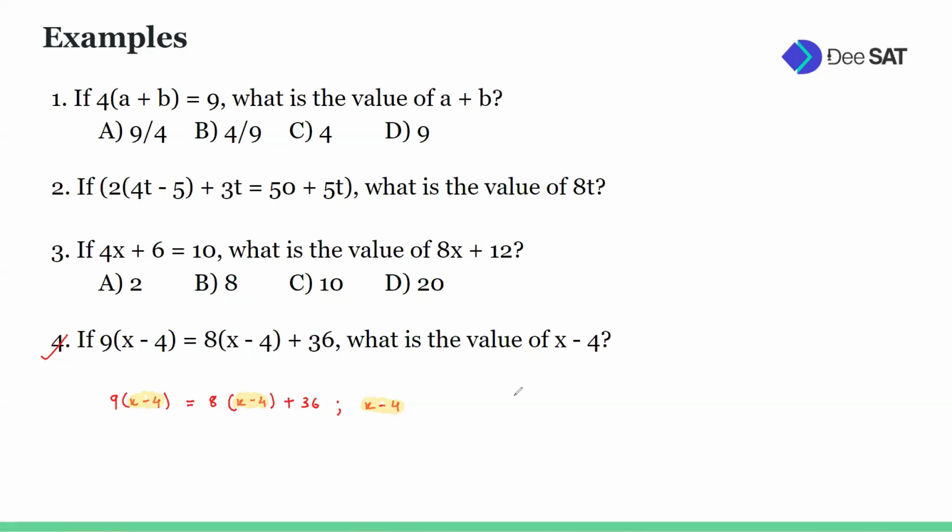For example, I consider x minus 4 is a. The new equation formed can be written as 9a is equivalent to 8a plus 36, and I just need to solve this equation by using regression for the value of a. I got the same answer. Or I can use regression directly over here to find the value of x and then subtract 4 from it. Or you can use the graphical way. All three ways are possible.